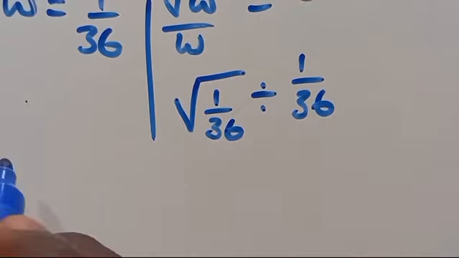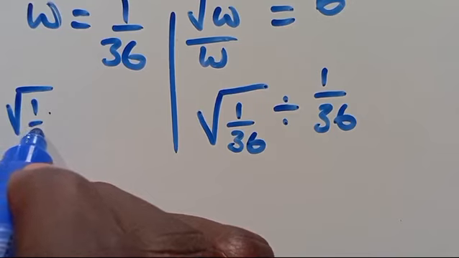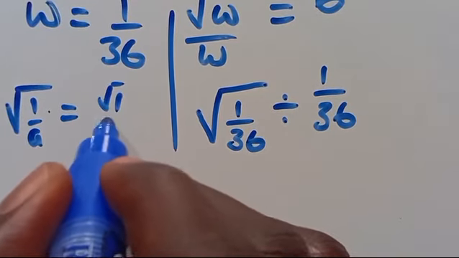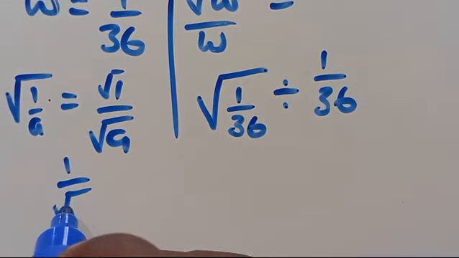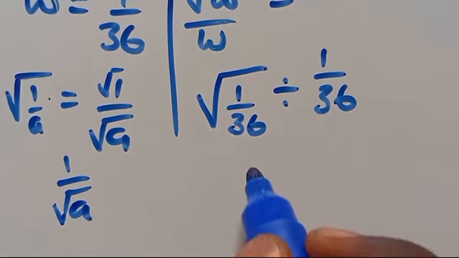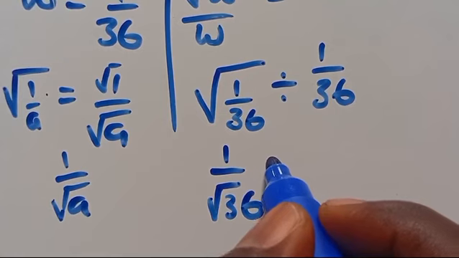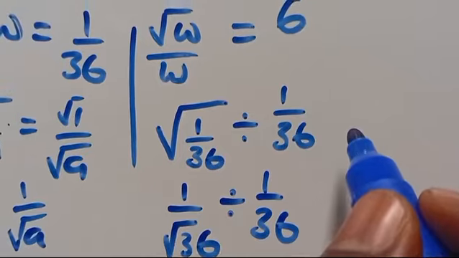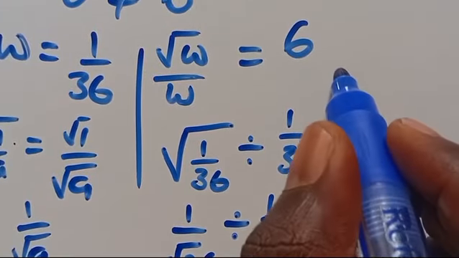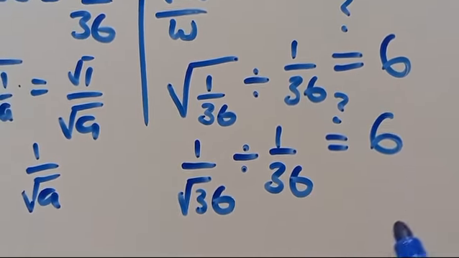From here, root of 1 over A equals root of 1 over root of A. So from here we have 1 over root of 36 divided by 1 over 36. Then the question now is, is it going to give us 6?